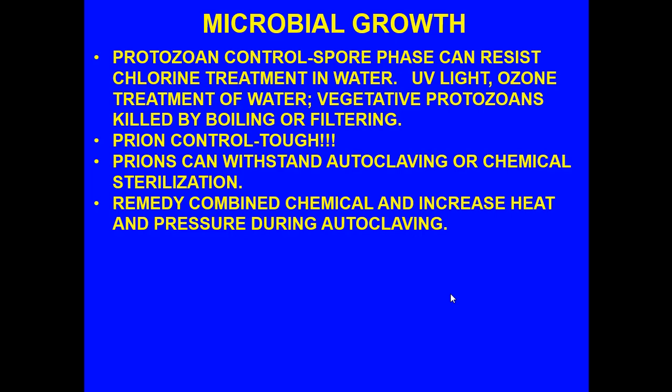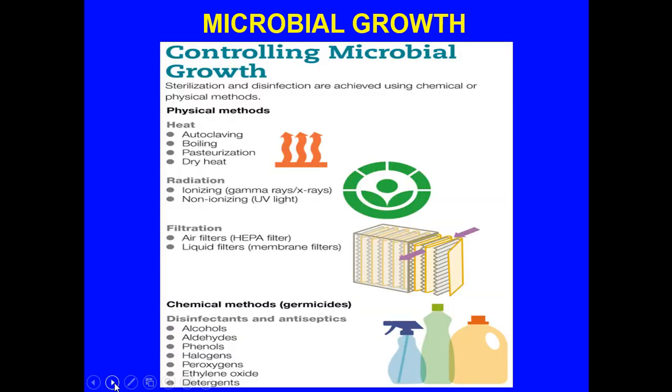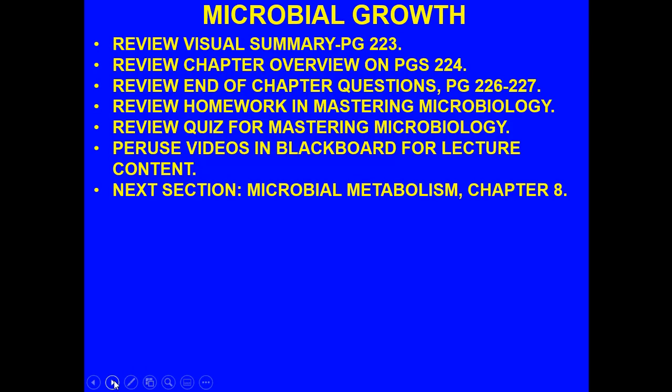The remedy of combined chemical and increased heat and pressure during autoclaving has usually been what has been effective. And I just want you to go over these in this image. This is a good way to kind of summarize physical methods versus chemical methods of controlling microbial growth.